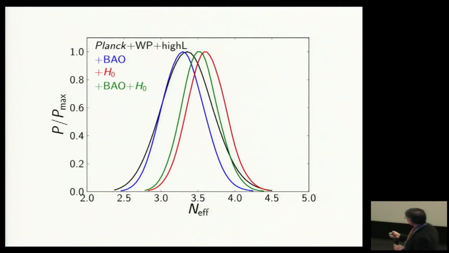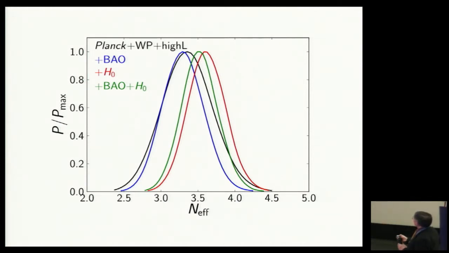Then you see that the likelihood for 3 neutrinos is relatively small, and you're pulled in the direction of more neutrino types. But that pull is coming from the Hubble constant. It's not coming from the CMB. It's not coming from the Planck data.